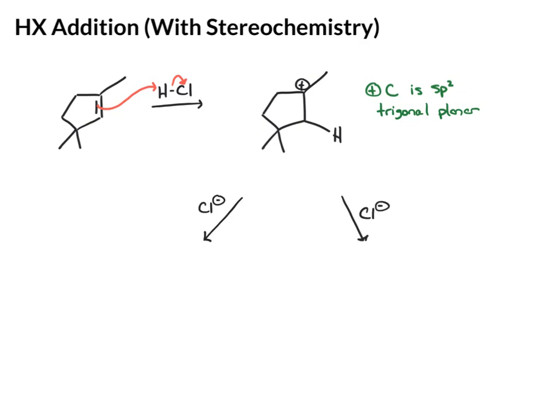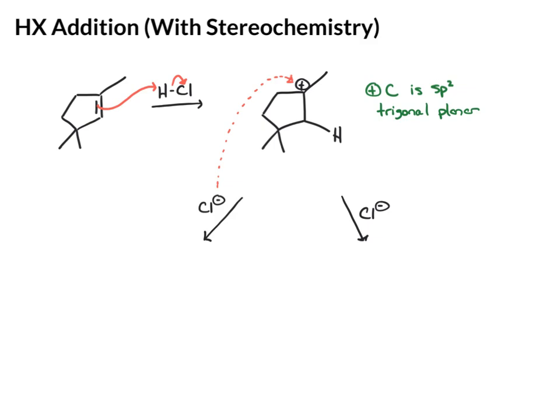So let's do both. If we add Cl- from the back, I'm going to represent that by a dotted line because we usually put back groups with a dash. And what we're going to do is keep these bonds of the ring all in the plane. Cl will be in the back, and that kind of pushes this methyl group out.